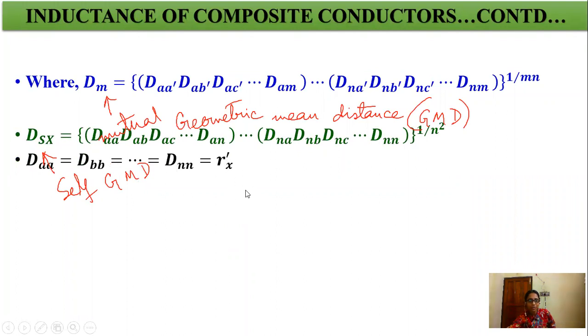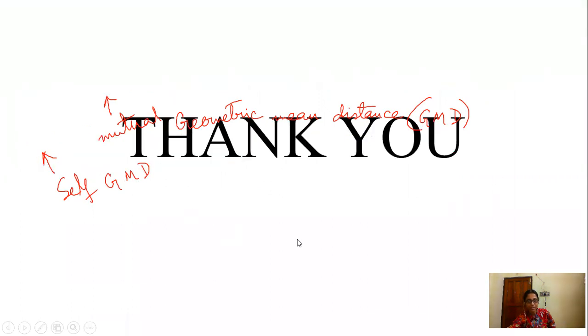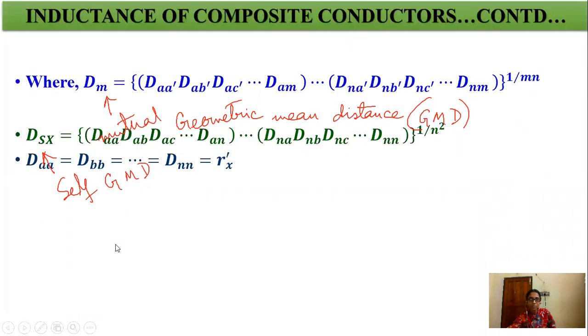The fictitious radius of each strand for composite conductor X is represented in this generalized expression as DAA, DBB, DNN. And the same thing may be written for composite conductor Y also, where dm will not be changed.